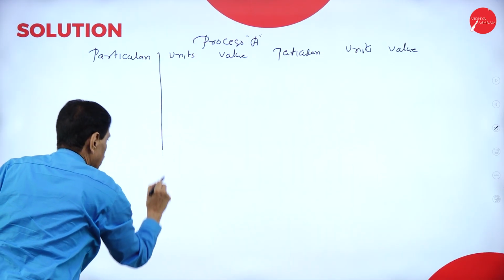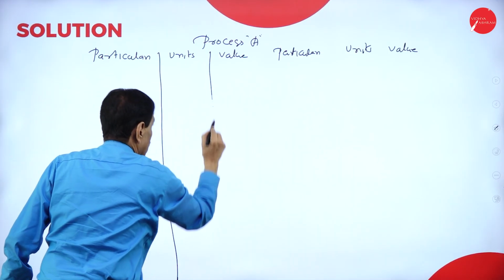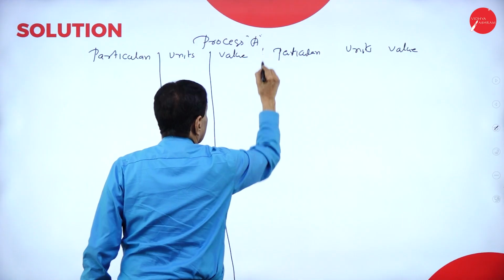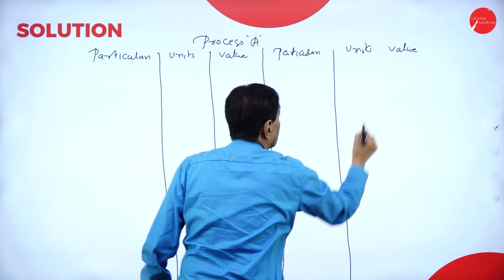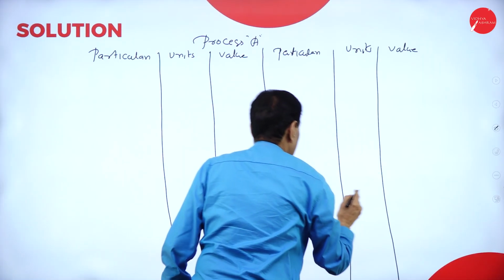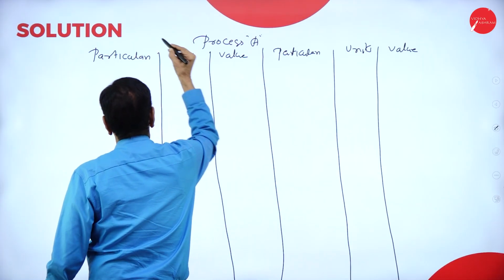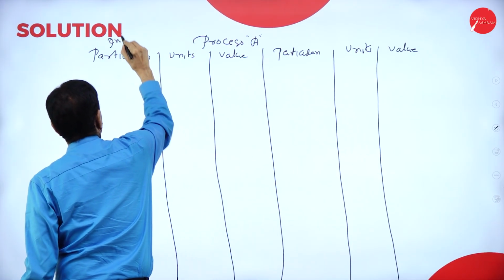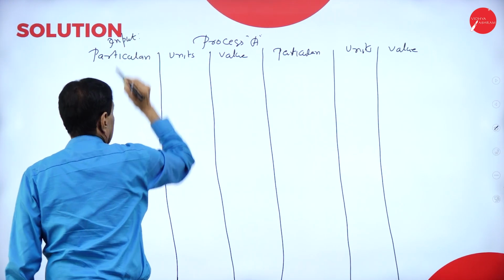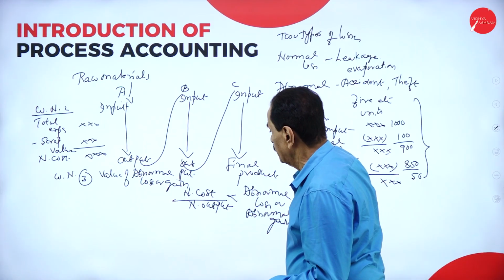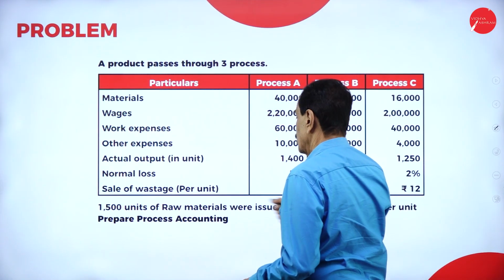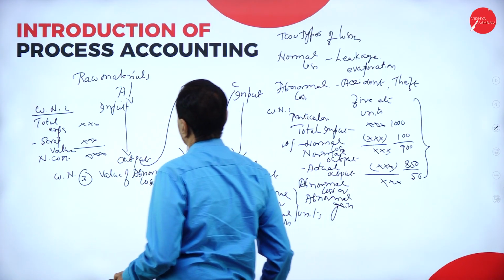Write it here. You write here input. Go with the problem. What's your input? How many units introduced? 1500.